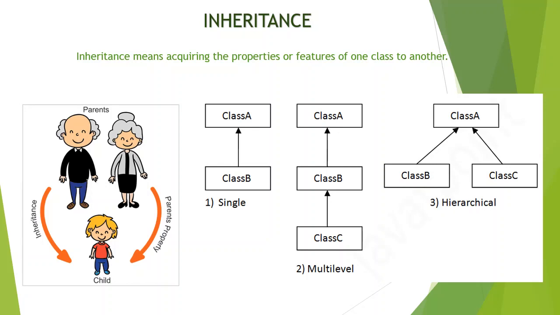Class B has its own features as well as the features of its parent class A. This is about single inheritance. Here the reusability concept is achieved. Instead of writing all the features again, class B uses the features that were there in class A.